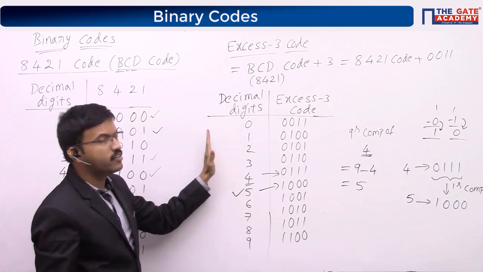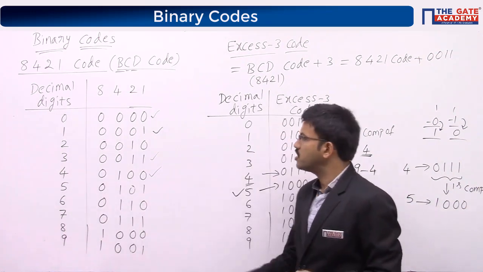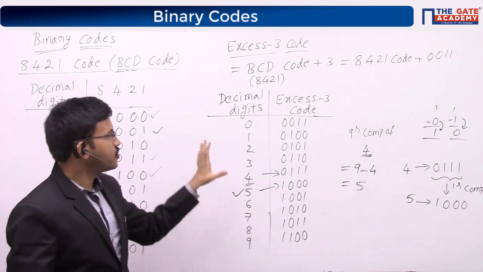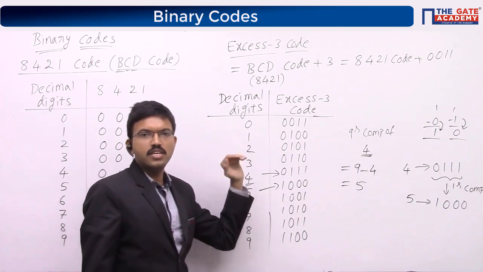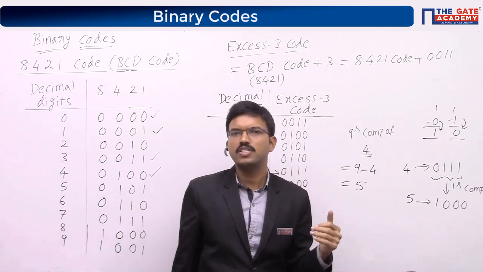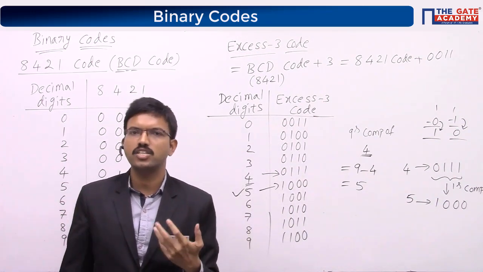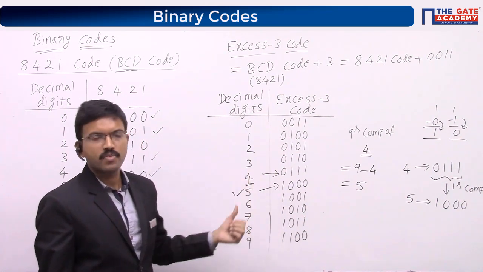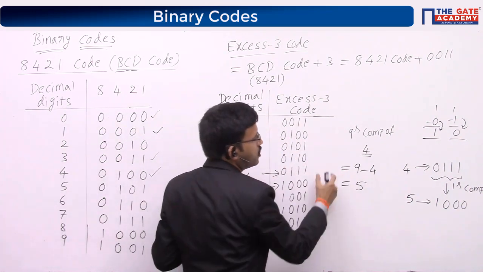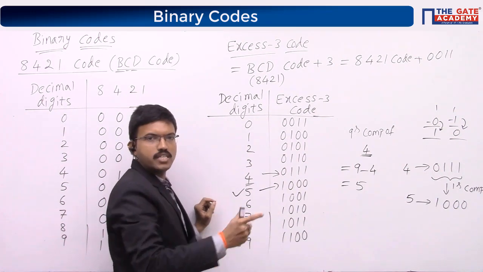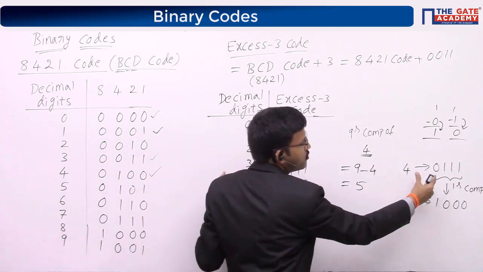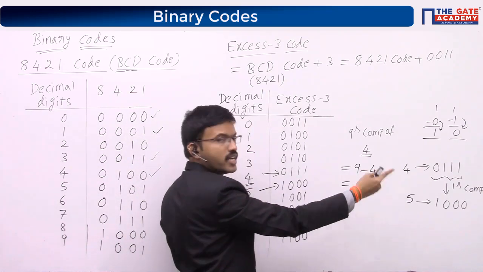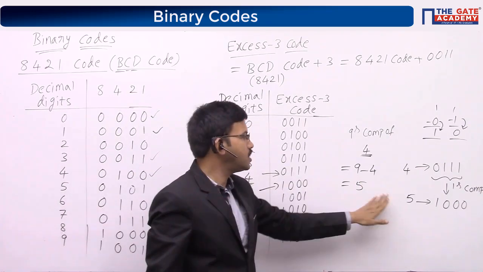That is the beauty of XS3. This technique is not there in the BCD code, which is why we go for XS3 code. Earlier, when they wanted to perform arithmetic operations like addition and especially subtraction, they used XS3 code. To represent negative numbers using the 9's complement, you take the code of the decimal digit, apply the 1's complement, and you get the corresponding code. That is the resultant answer.